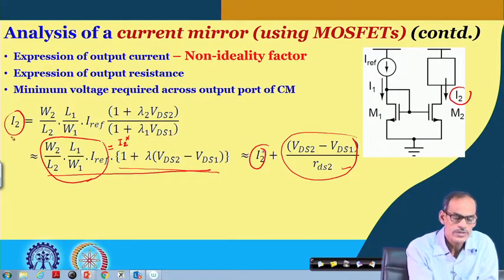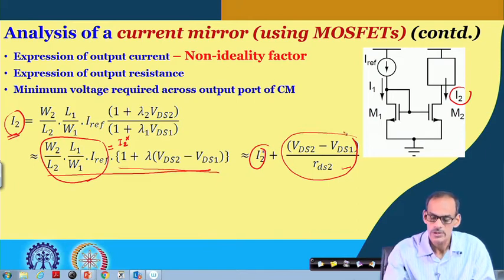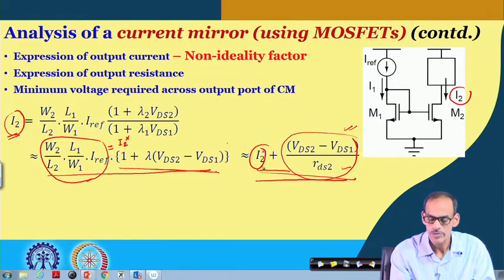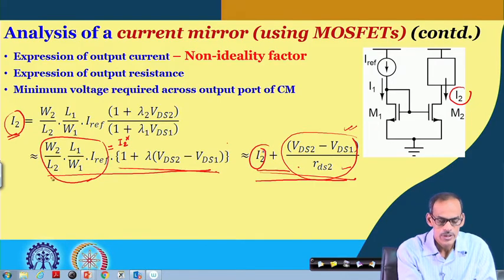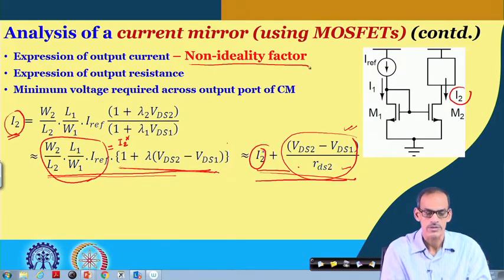So, the expression of this current, based on our situation, we may consider either the whole expression, or it may be in this form. In this form, we have the nominal current plus the additional current, whereas in this form we have the nominal current multiplied by a factor which is referred to as the non-ideality factor.